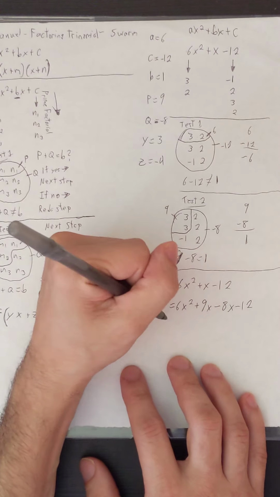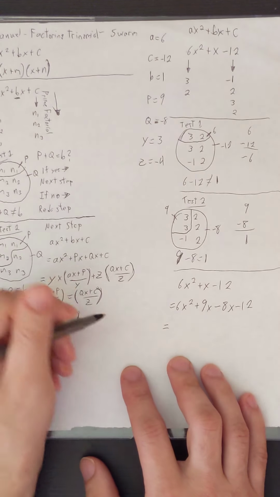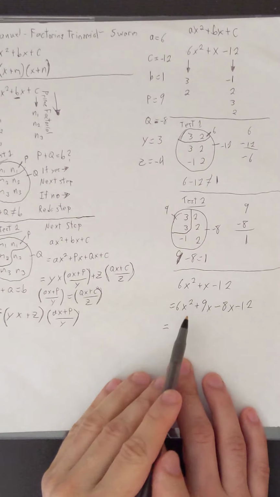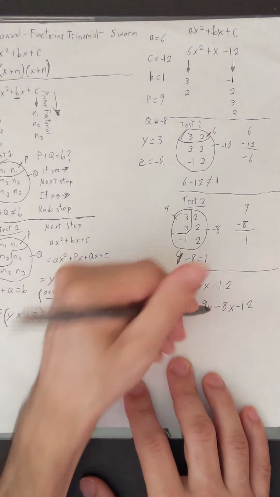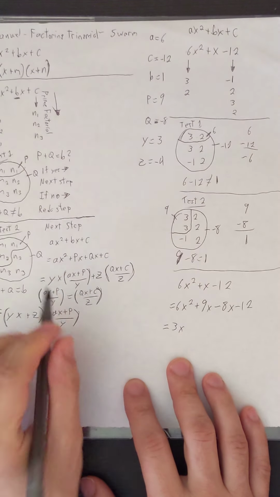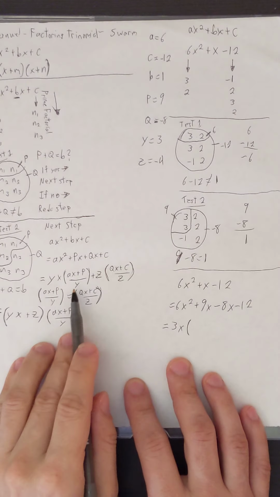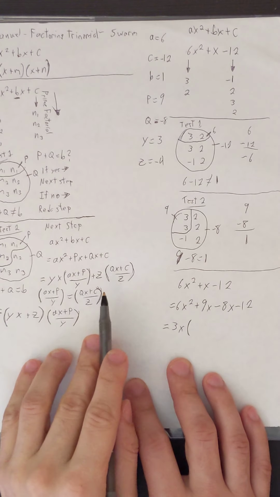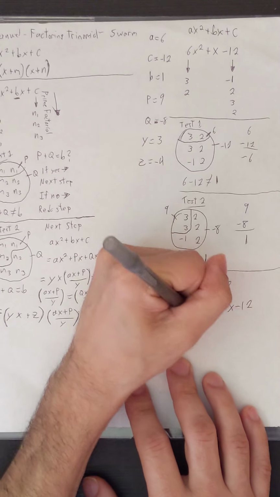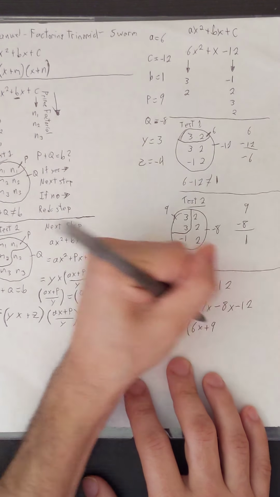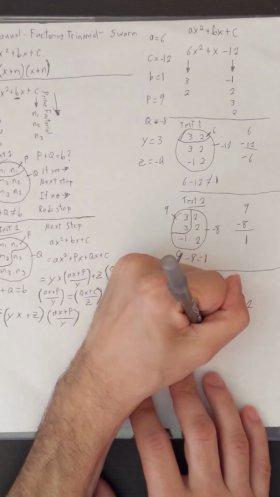So let's rewrite that. So now we have to write out this equation. Okay, so 3x times ax plus p, so that's 6x plus 9 over y, so 3.